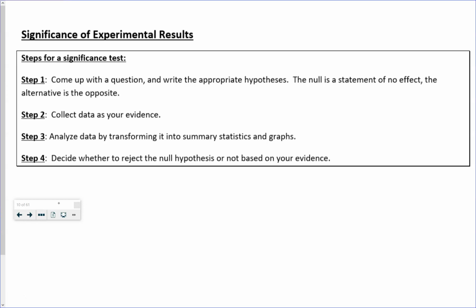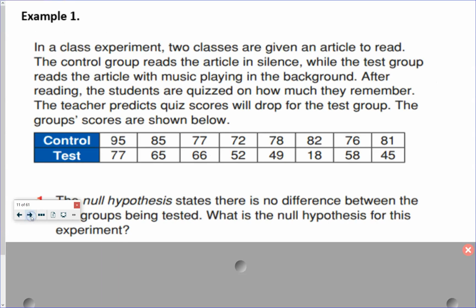We're going to use box and whiskers today also. And then after you have comparative data, we can decide whether or not to reject the null hypothesis based on our evidence. So do we have enough evidence to show that there is a difference? If there is, we can reject the null because we've proven there is a difference. So we always assume no difference unless we can prove otherwise.